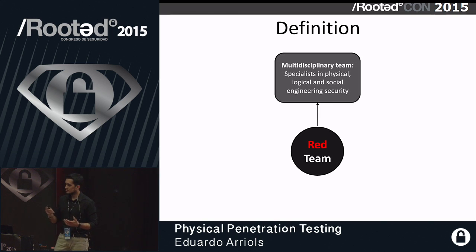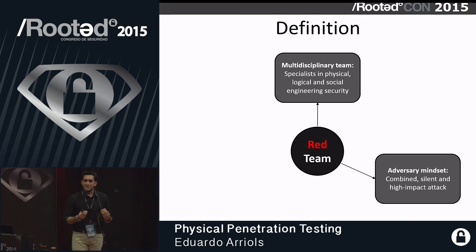Very quickly, I'll tell you four characteristics of the red team. First of all, it is a multidisciplinary team. You need experts in logical security, social security, and physical security. Then, the intrusion test or penetration test consists in putting yourself in the mind of an attacker, and here we do the same thing, but for any field.